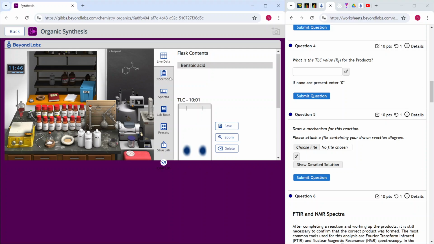Now, let's say, for example, if you did the extraction and you still have impurities in here, then in this case, you would need to do an additional step, which we call distillation. And this is going to be the distillation setup.